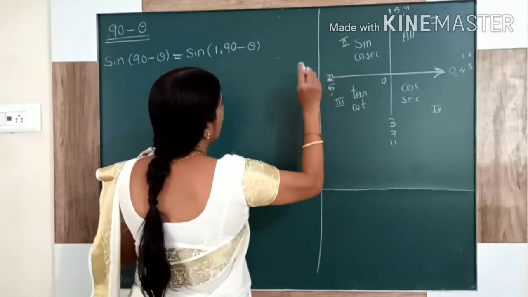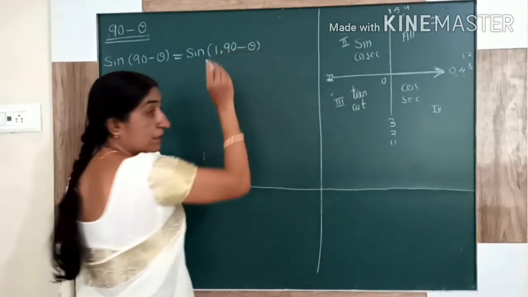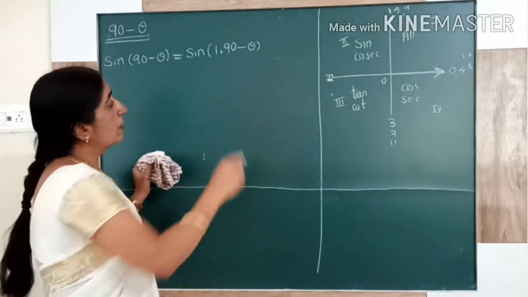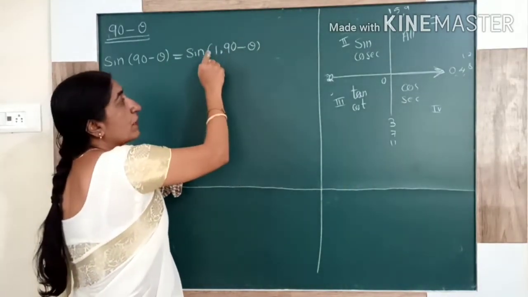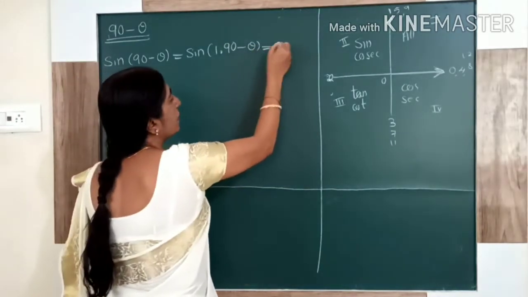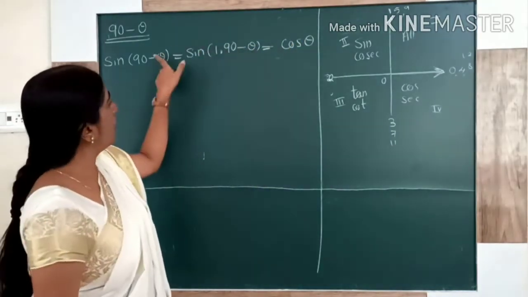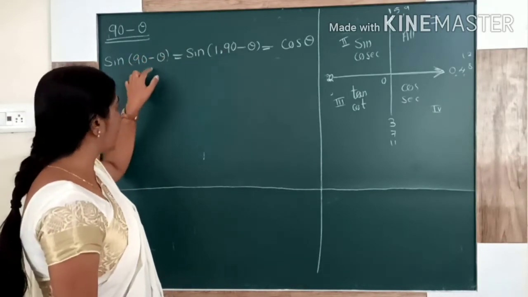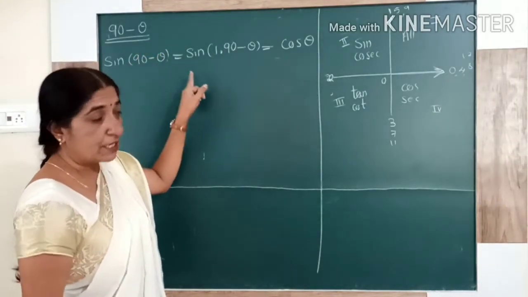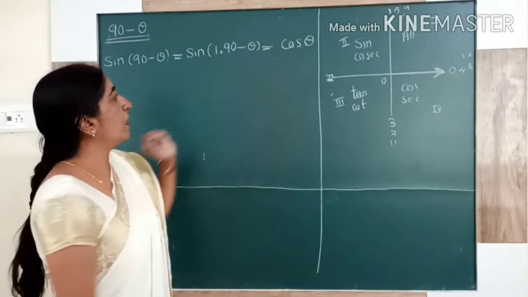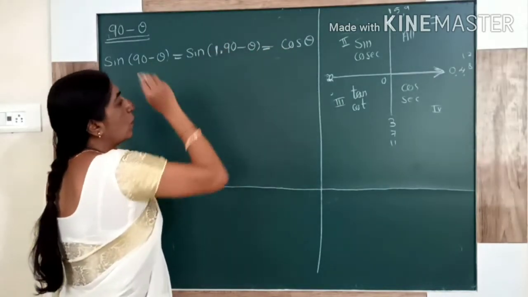The coefficient of 90 degree is 1. See your paper, whatever you wrote down. 1 is odd, so sin changes to cos. So write down, and remember when you are writing in terms of 90, theta will be less than 90 degree. So it is cos theta. Why is it cos? Because 1 is odd.